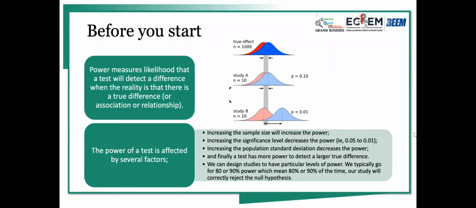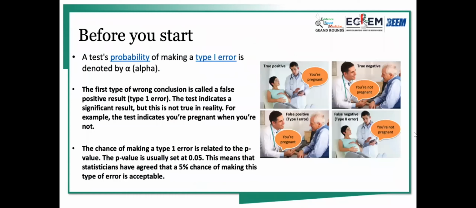A little confused. Let me just try to illustrate this again with another example. Statisticians like to talk about type 1 and type 2 error. And I always find this very confusing. And I think the best image that I found to help me understand this is about the pregnancy test.